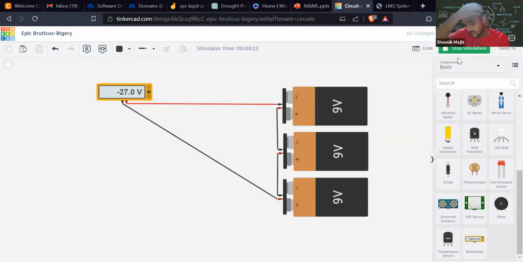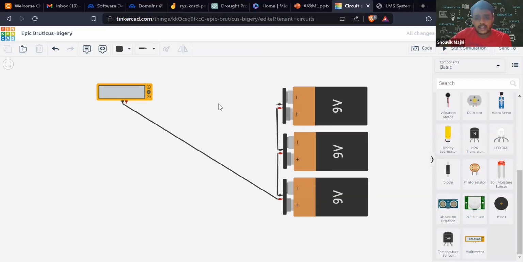That's why, in DC, polarity always has to be taken care of. If we don't take care of the polarity, the positive and negative terminals, we could get different errors. We are expecting a value of 27, and now we are getting a value of minus 27, right? So this is the key. If you have any doubt, don't wait for the next class.